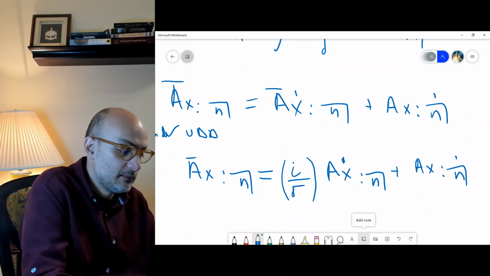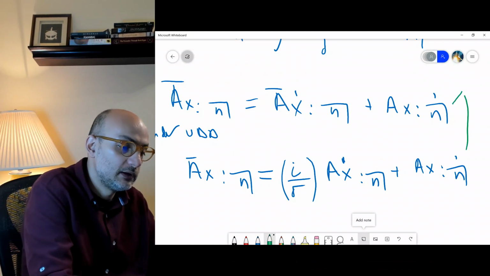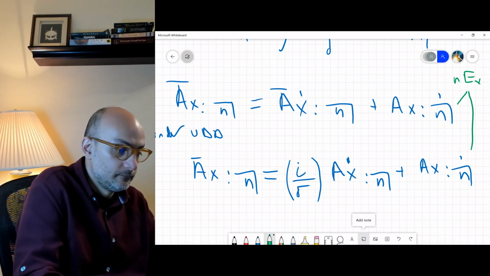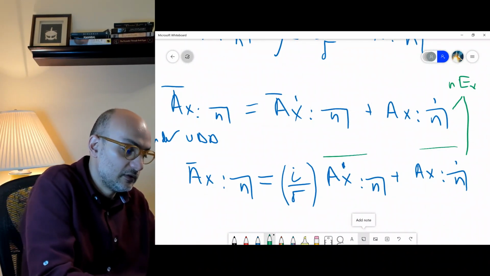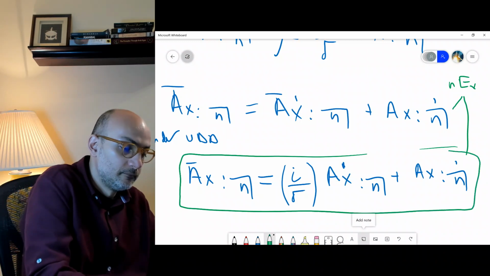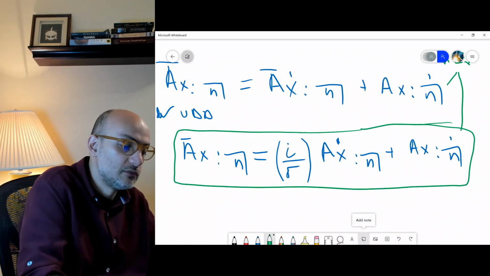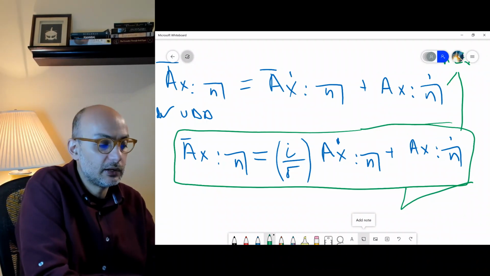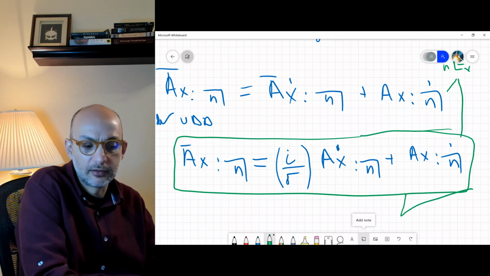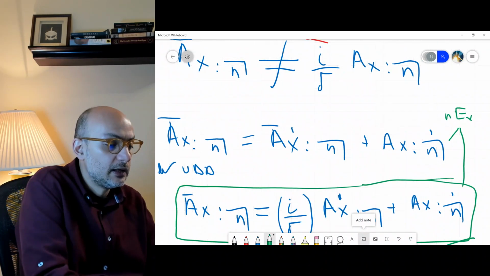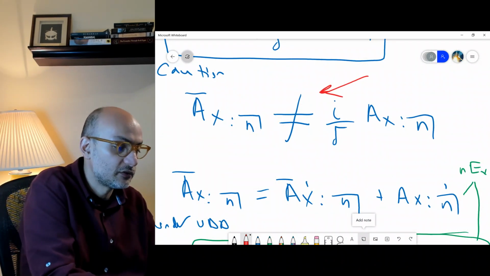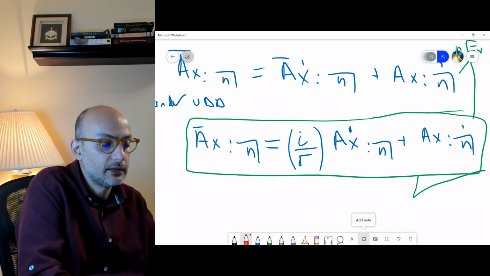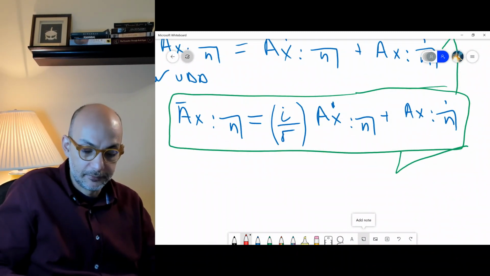Right, and this can also be written as nE_x. So this is correct. This is how you compute it. If you get a question like this, you split it and then you multiply by I over delta for the term part. Very important, you need to be careful about this one. You don't do this one, this one is wrong. There is no 1 here, then you do this one, right? You need to be careful about this one.